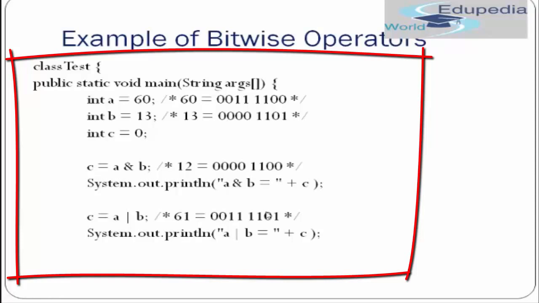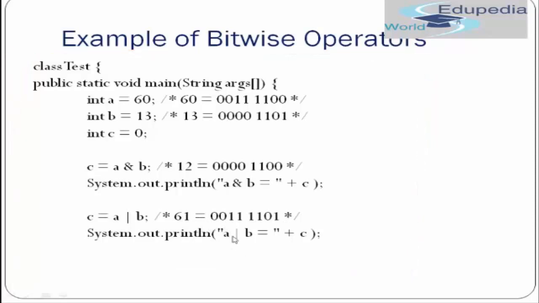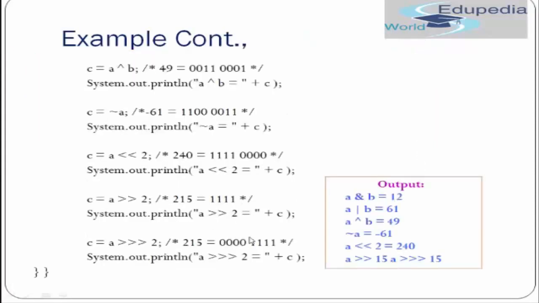So if both are 1, we are good. If any one of them is 1, then also we are good. Except when 0 or 0 is happening, everything else will give us 1. So over here, this is the output that we got, and the numeric value is 61. So A or B will give you the value as 61.